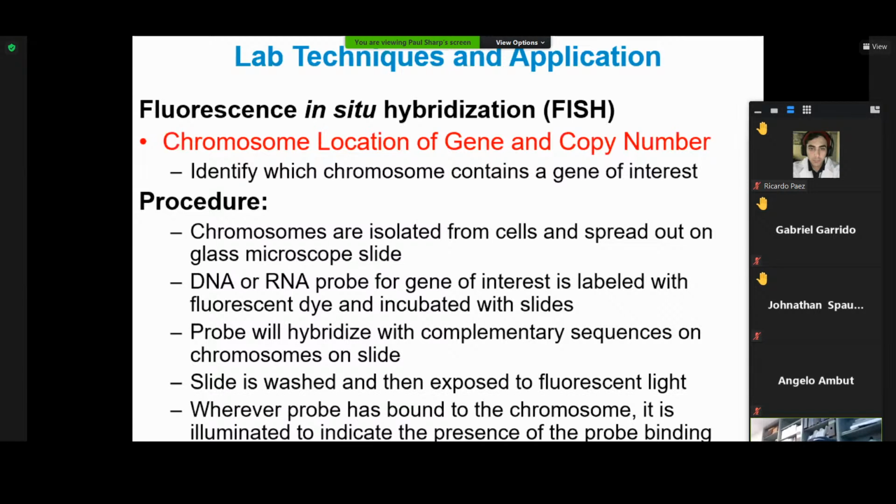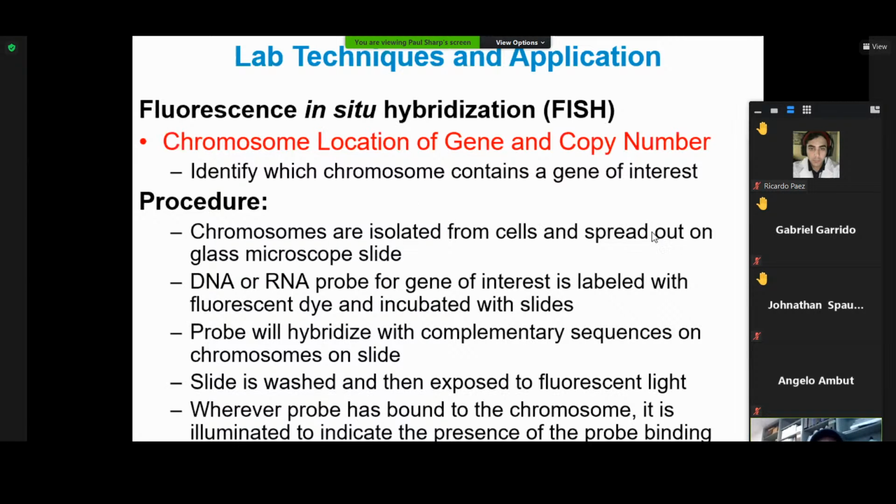There are different cancers that result because of a translocation of genetic material from one gene to another, and as a result, the cell becomes cancerous. So we can use this as a diagnostic procedure, which is pretty powerful.